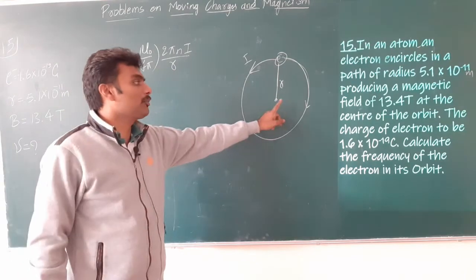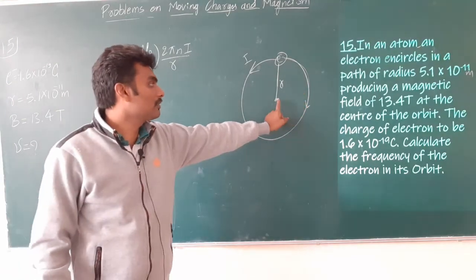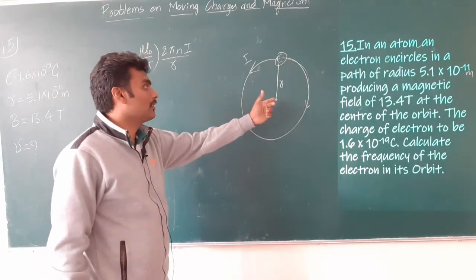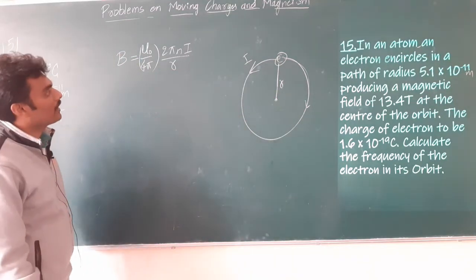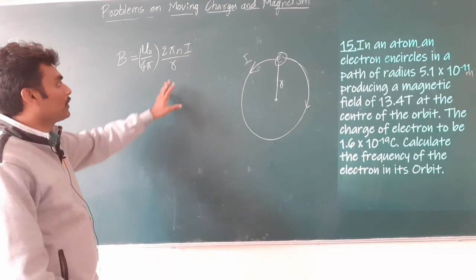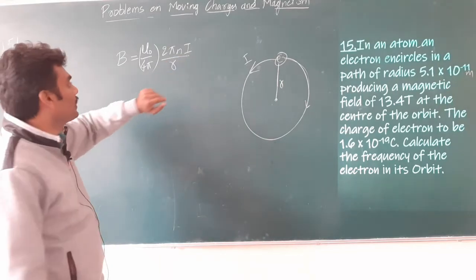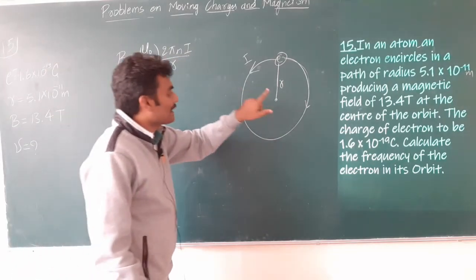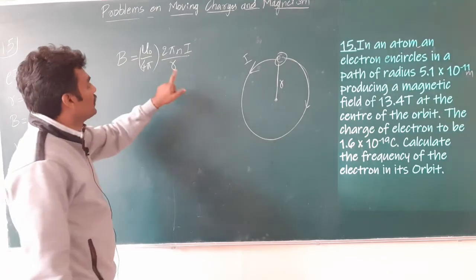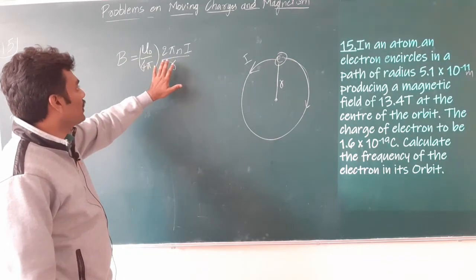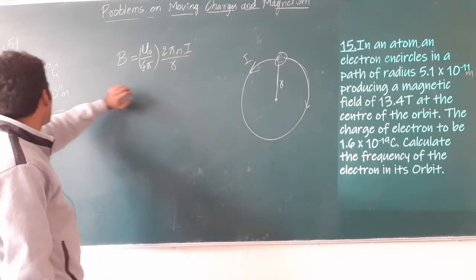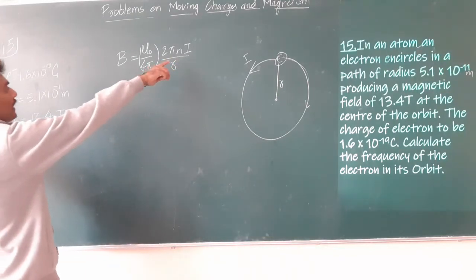If we take a point on the axis at a certain distance x from the center, it will be mu naught by 4 pi times 2 pi Ni R square by R square plus x square to the power of 3 by 2. You know that, right? Since the point is exactly at the center of the loop, we will simply take the formula mu naught by 4 pi times 2 pi Ni by R, and out of this, we need I.